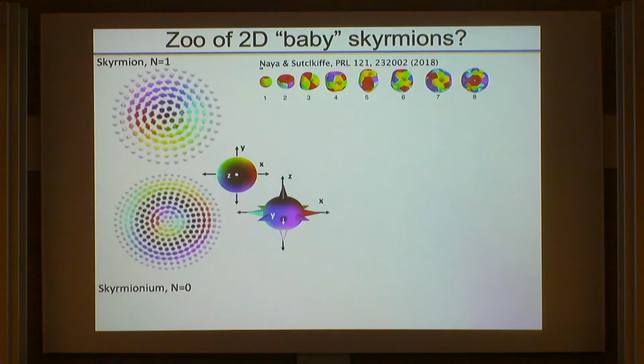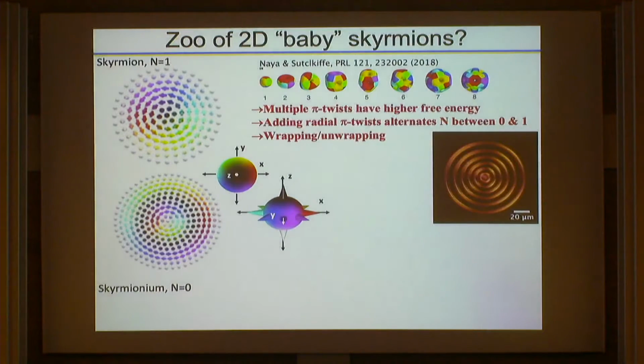Actually, in this case, you are getting the skyrmion number equal to 0, and the structure becomes equivalent to the uniform far-field background. The reason is that as you are wrapping this S2 sphere, then as you twist pi again, you are unwrapping it. And in the end, you have nothing. This type of structure is called skyrmionium.